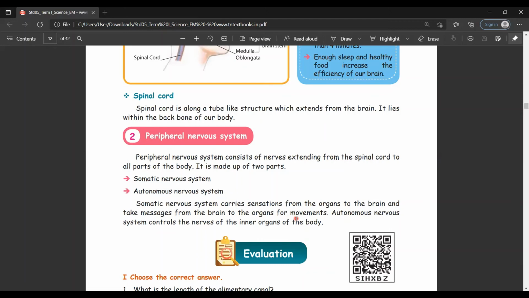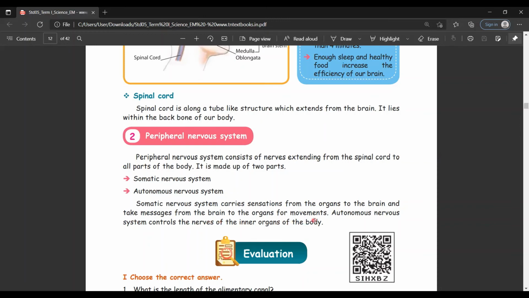So what happens after giving information? The brain gives instructions back to the organs for movements.